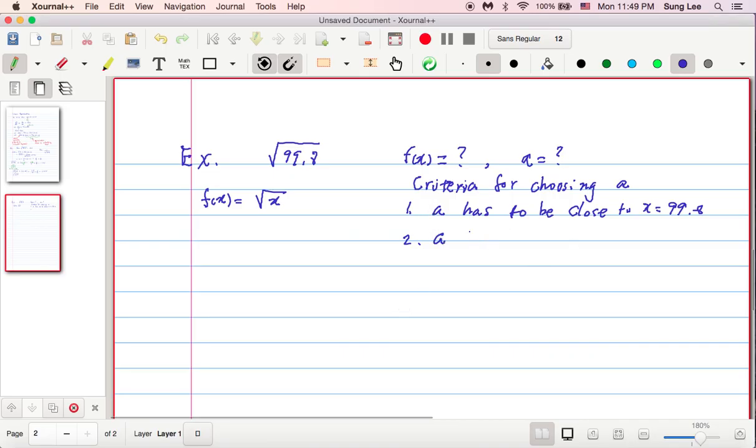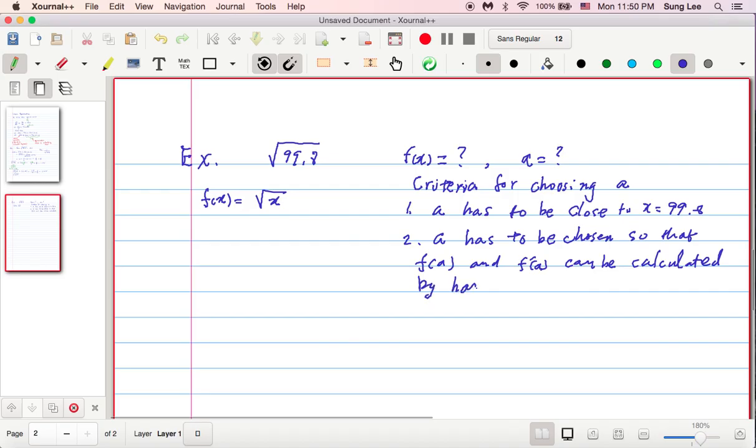But being close is not enough. a has to be chosen so that f of a and f prime of a can be calculated by hand.